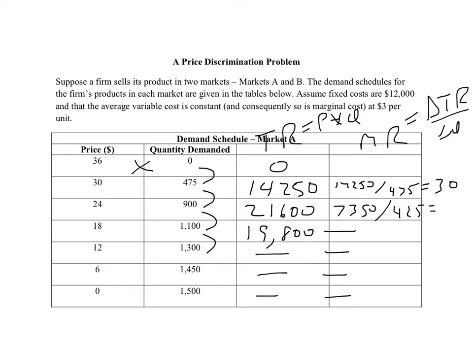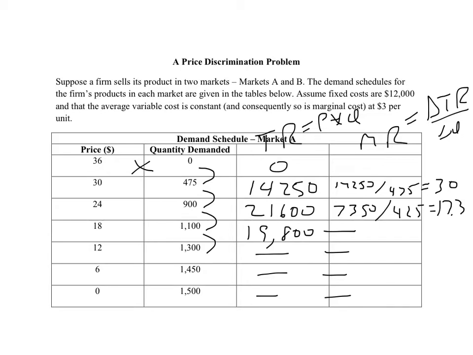And so let me just check that real quick. 7,350 divided by 425 is, it looked a little strange, I wanted to make sure I got it, 17.29 and some change. And again, from here on, we don't really need to compute the margin because it's negative.